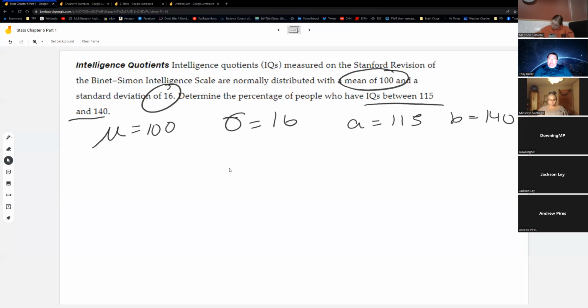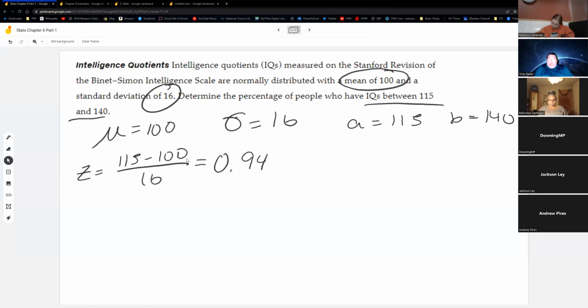Now we've got to come up with our two z-scores. So I'm going to do 115 minus 100 divided by 16. It is always A minus the mean divided by the standard deviation. Even if A is less than the mean, that's fine, because that means you're going to get a negative value and a negative z-score, which we're going to use to do the calculations. So let's do that real quick. So we get 0.94 for that one.